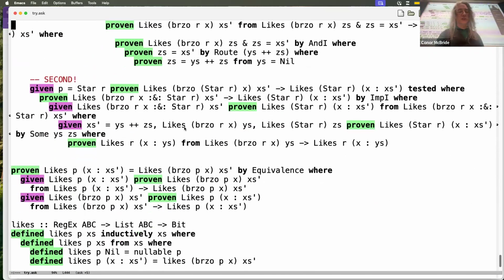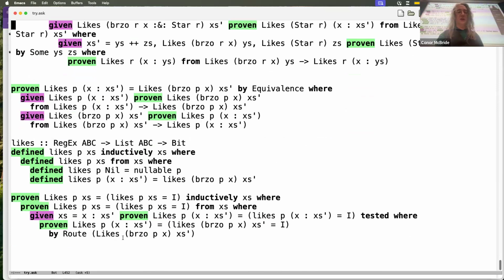So we thought, since we got as far as this bottom line, that's nice, we've got a relation, big L likes, that specifies what regular expressions match.